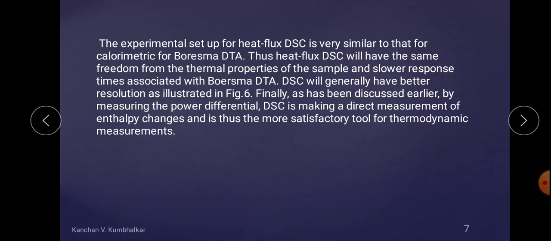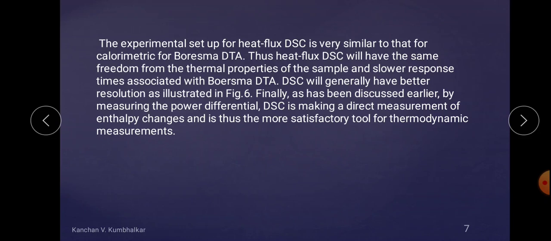DSC will generally have better resolution as illustrated in figure 6. Finally, as has been discussed earlier, by measuring the power differential, DSC is making a direct measurement of enthalpy changes and is thus the more satisfactory tool for thermodynamic measurements also.